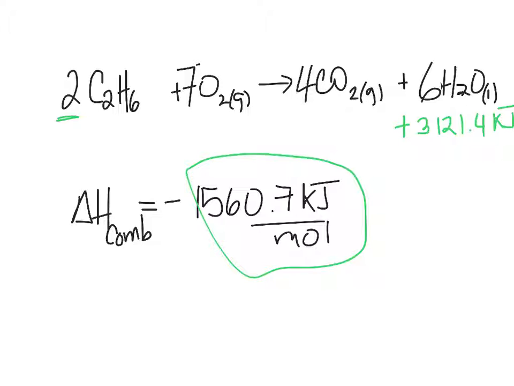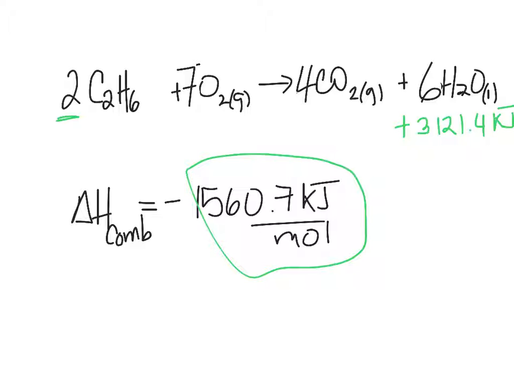The other way to write a thermochemical equation is to put a delta H at the end of your chemical equation. This one, it's in the chemical equation. The second way to do the thermochem is to actually put a delta H at the end.